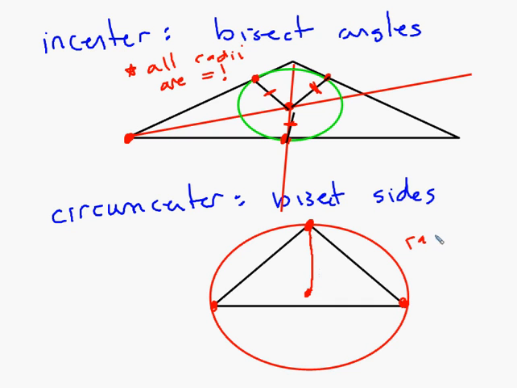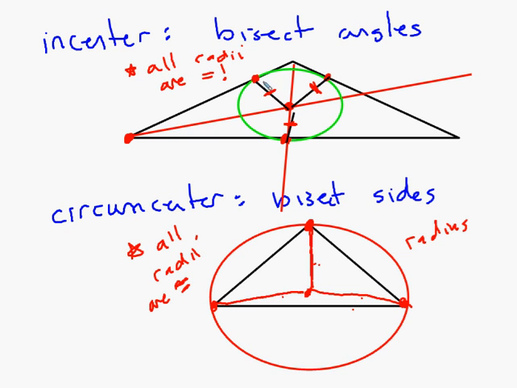And just like up here in the center, all radii are what? Equal. So all of these sides are what? Equal. They are just drawn from the vertex to the circumcenter. So again, all radii are equal.